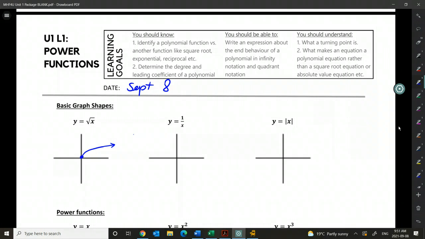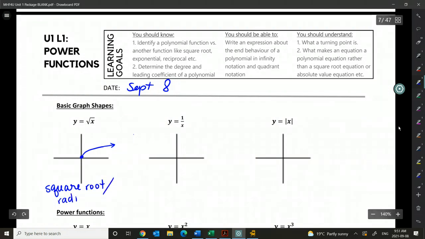We call this the square root function, or sometimes, since we called square roots radicals last year, we could call this a radical function. Okay, y equals 1 over x. Does anyone remember this? You can just show me with your hands again. What was that one? Like this? Yeah.